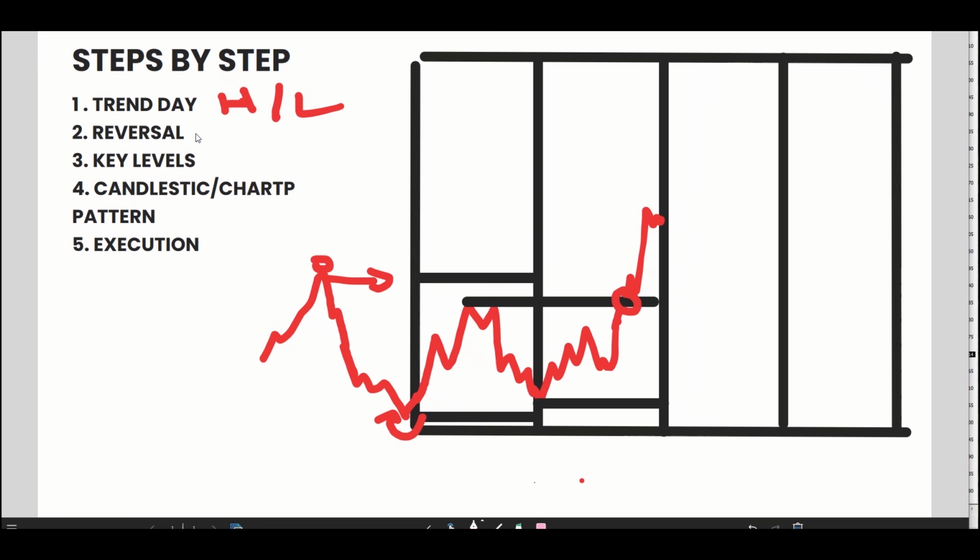Okay, step number 2, we need a reversal, not just a reversal. This one, we combine it with this one. We need a reversal to at least key levels. What are our key levels, guys? I told you we have 5 key levels, okay? One is yesterday's high. The other one is yesterday's low.